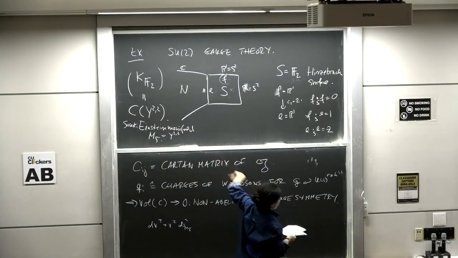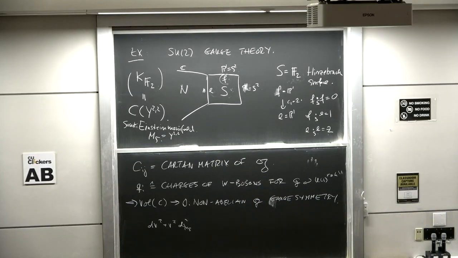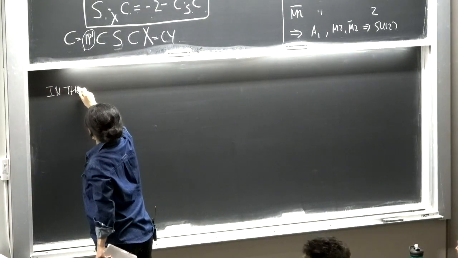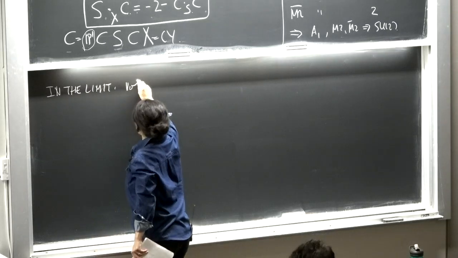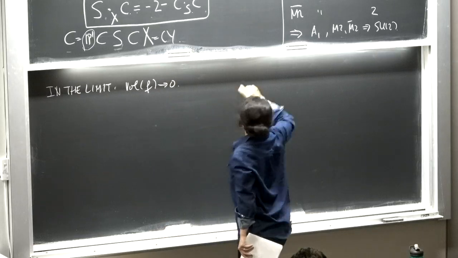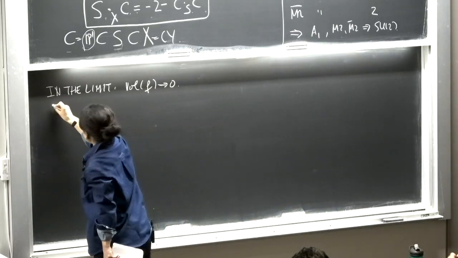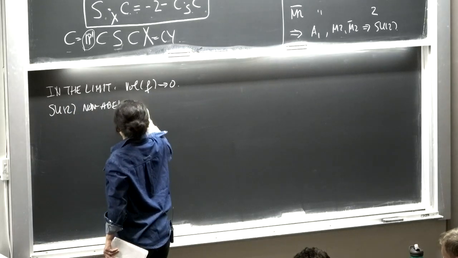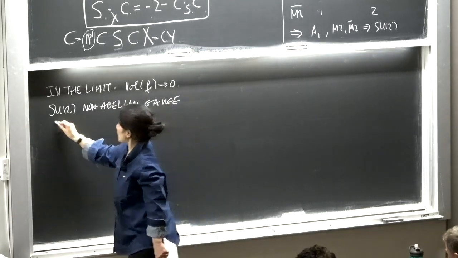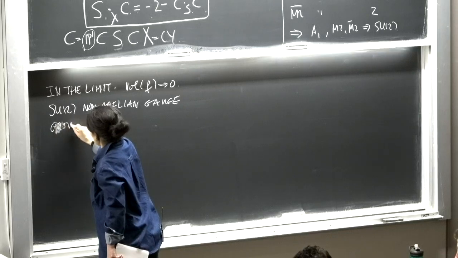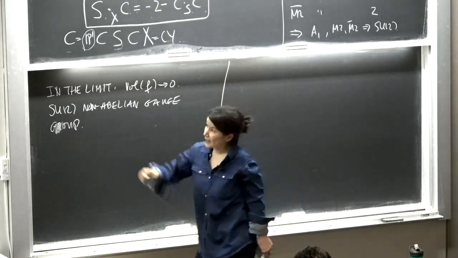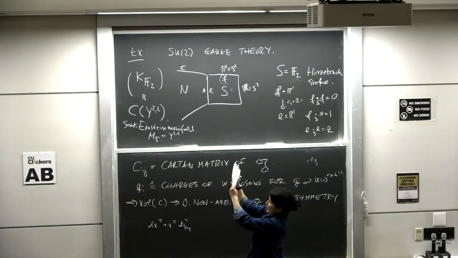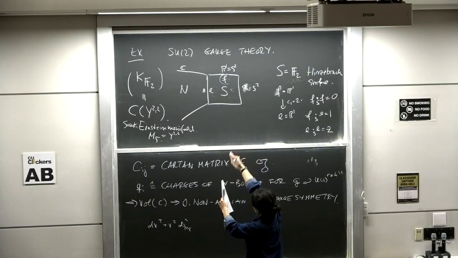Now, I drew this additional piece. Okay, maybe I should say one more thing here. In the limit when I take the volume of F to 0, these W bosons become massless, and we get an SU2 non-abelian gauge group. The way this will look is, F is this curve that's horizontal. So what we're doing is slamming this down, and then essentially there's sort of a line, that's all that's left over.